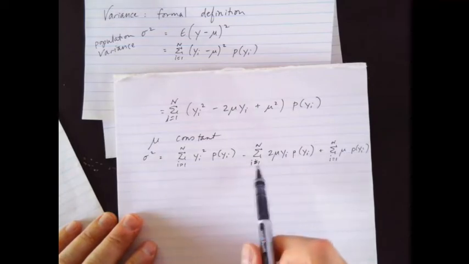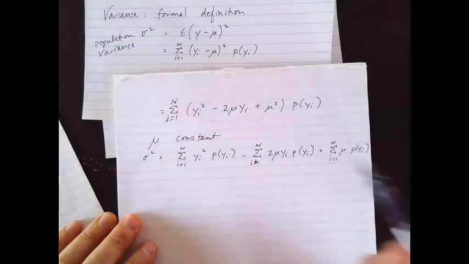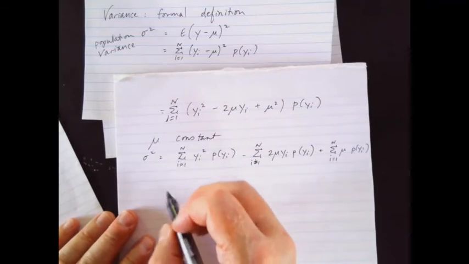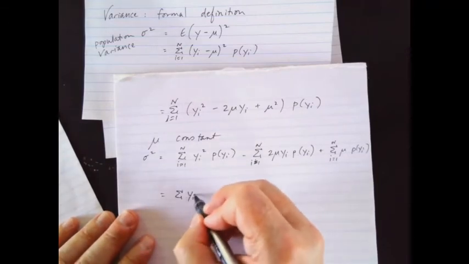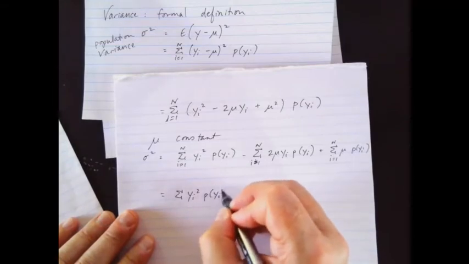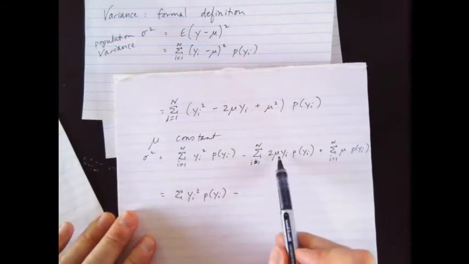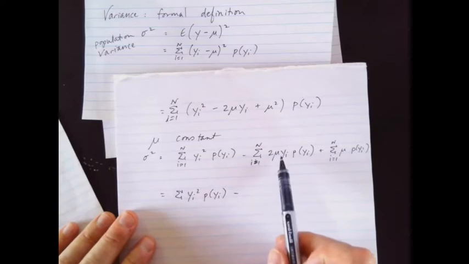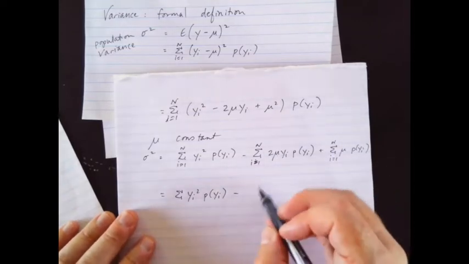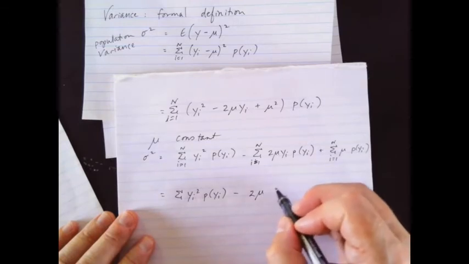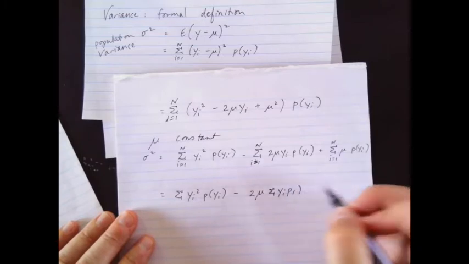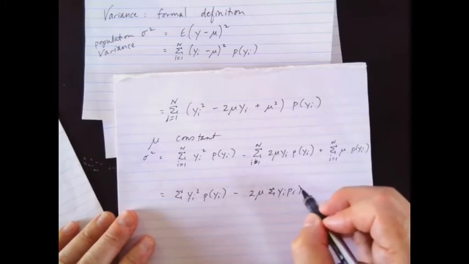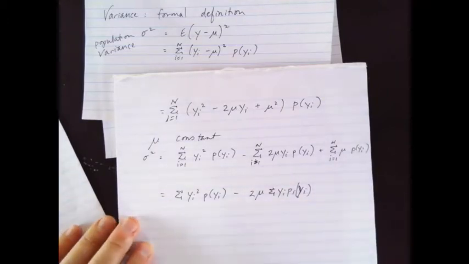I'm going to stop writing the i equals 1 to n, because I think you know that it's always there. So I'll just rewrite this out here. A sum of y squared times probability of yi minus, now I mentioned before, if you have a constant inside a summation, you can take it outside of the summation. So this is minus 2 mu times the sum of y times the probability of yi.